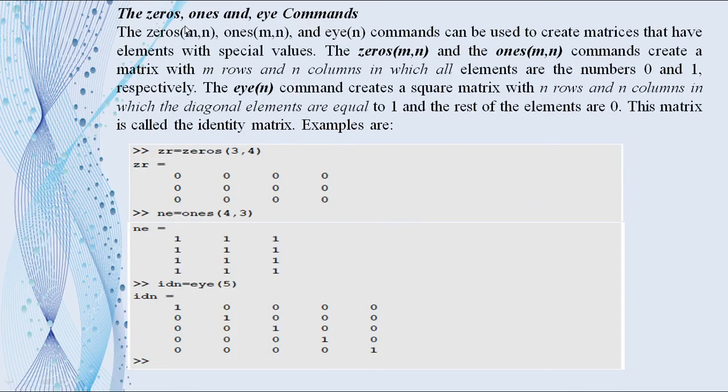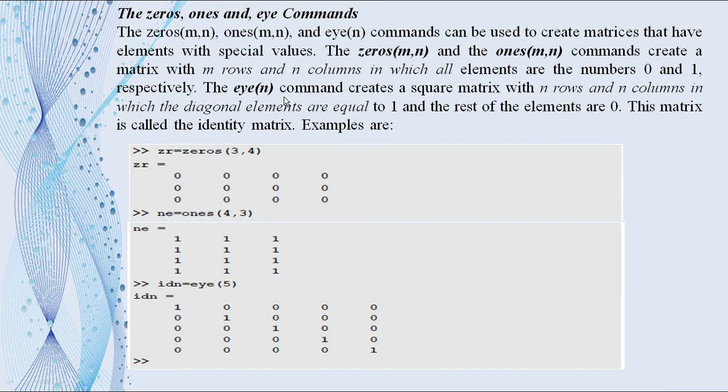The zeros, ones and eye commands. The zeros of m comma n, ones of m comma n and eye of n commands can be used to create matrices that have elements with special values. The zeros of m comma n and ones of m comma n commands create a matrix with m rows and n columns in which all the elements are either 0 or 1 respectively.